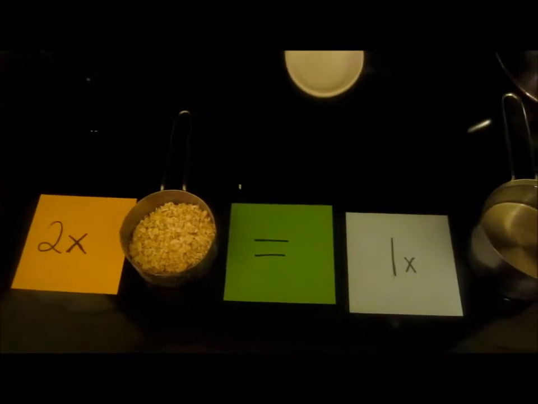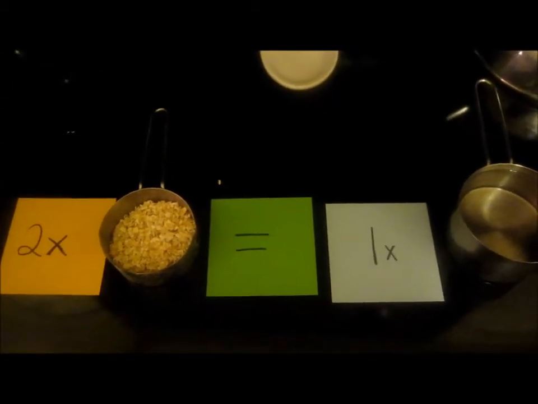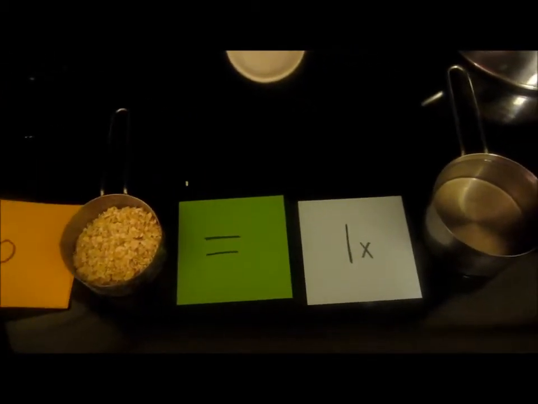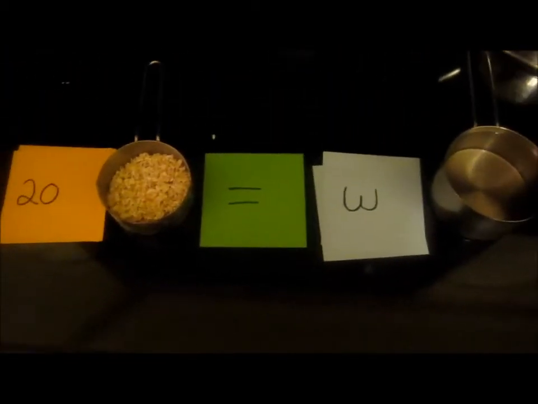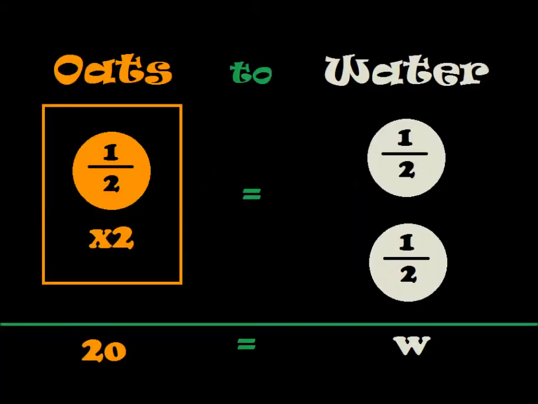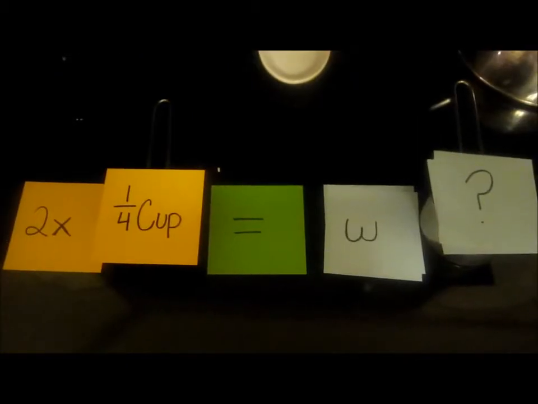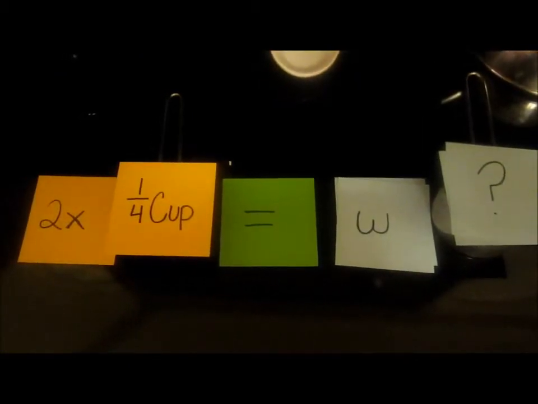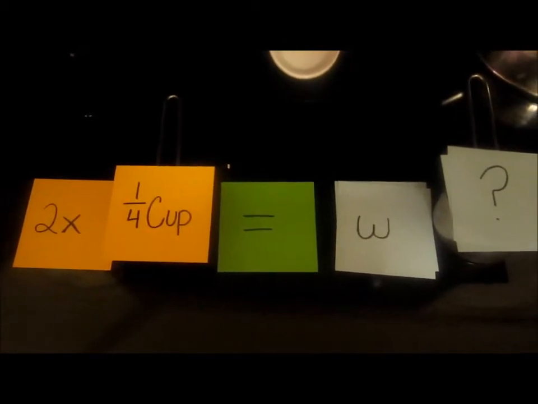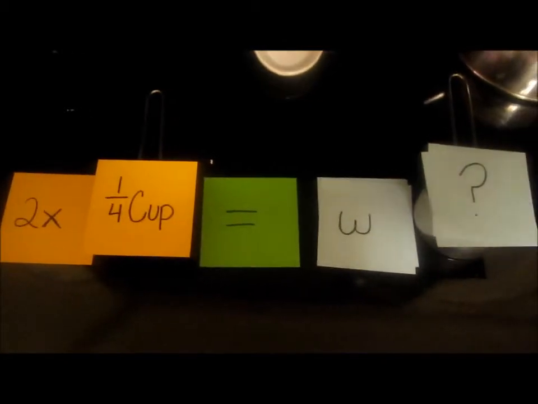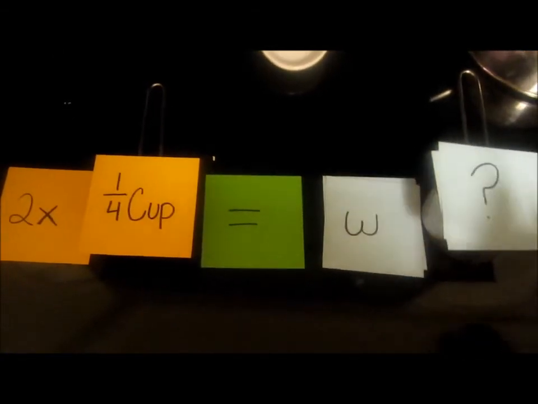I can also represent this with my variables. So for oats, I will use an O. So 2 O's is equal to 1 W. If we plug in 1/4 a cup for the oats that we have, so 2 times the 1/4 cup of oats is equal to how much water?